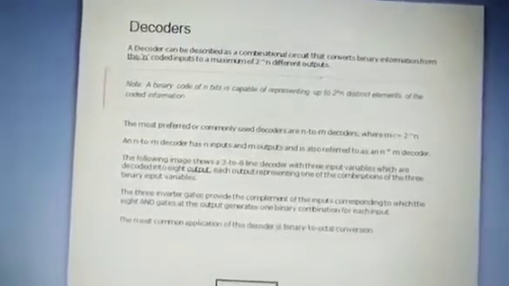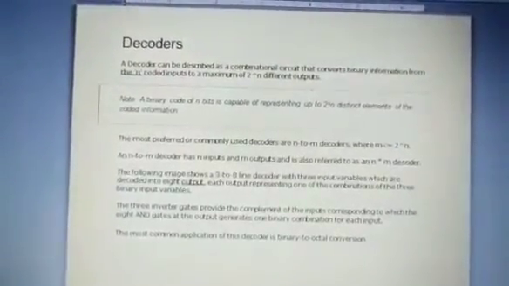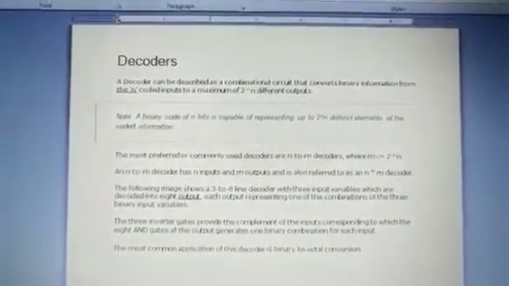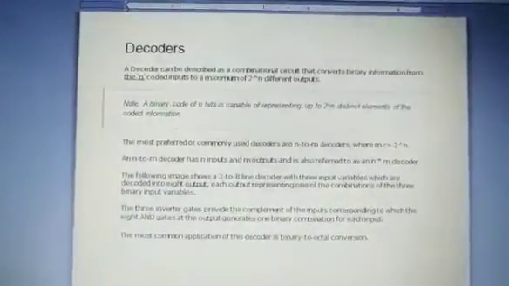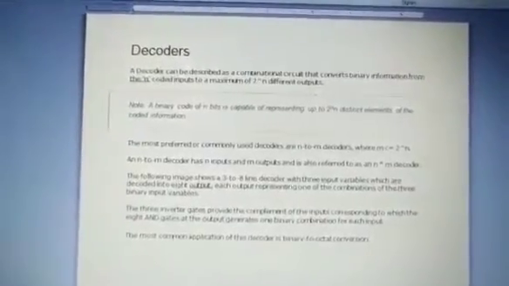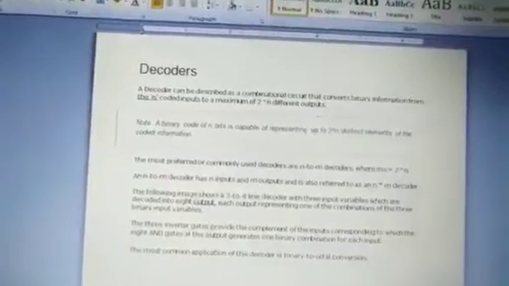So in a decoder, the number of outputs is greater than the number of inputs. If the number of inputs and outputs are equal, then the system will be called a converter circuit, not a decoder circuit.